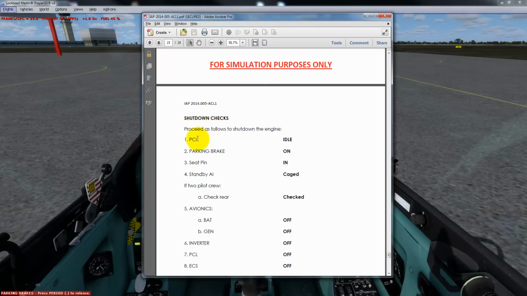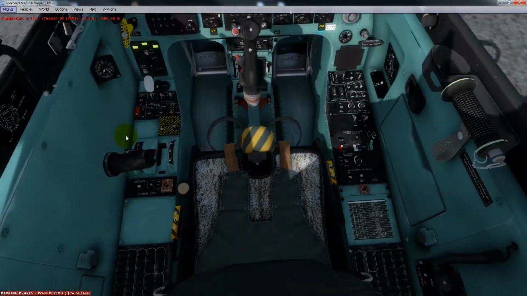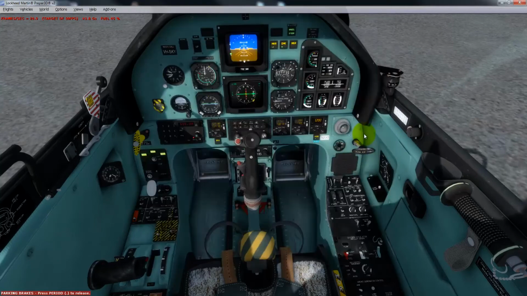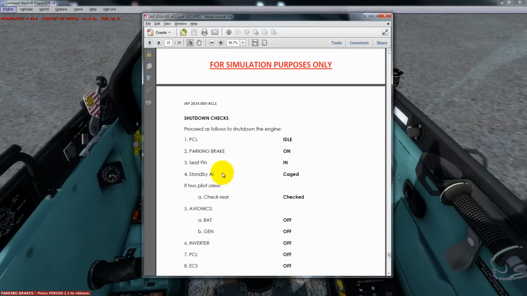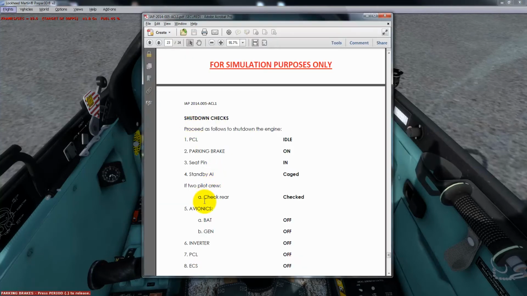So the PCL to idle, PCL is at idle. Our park brake is on, our seat pin is in. We want to cage our standby AI.